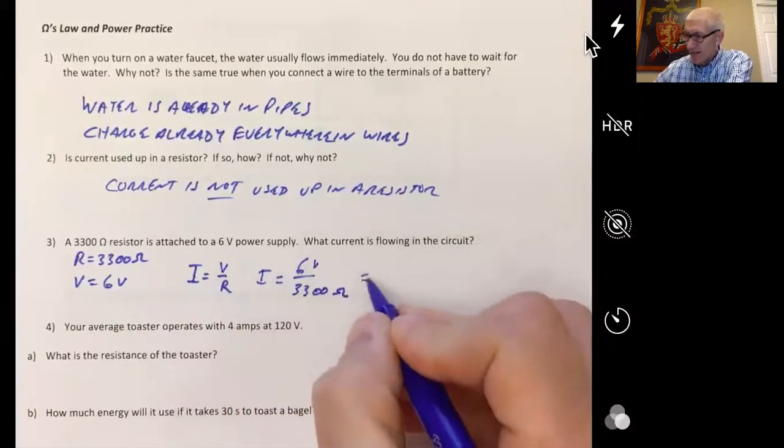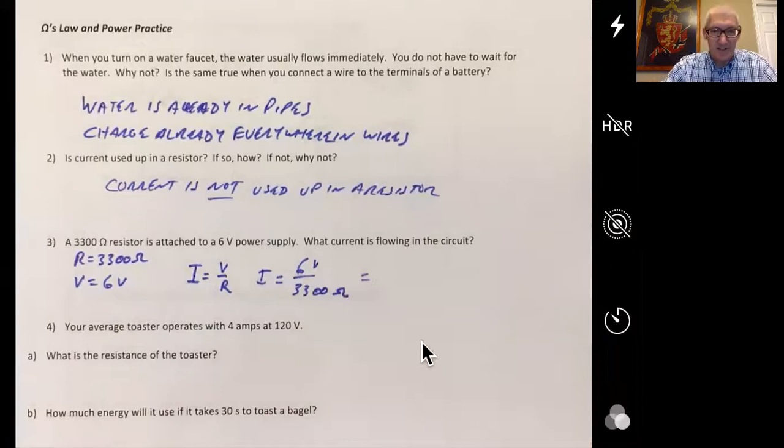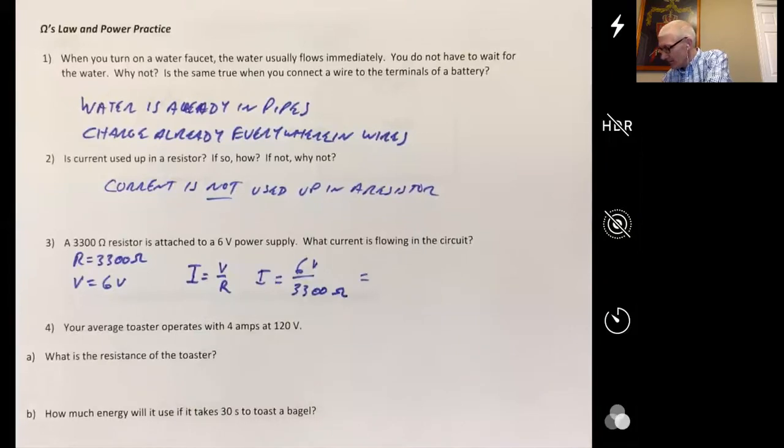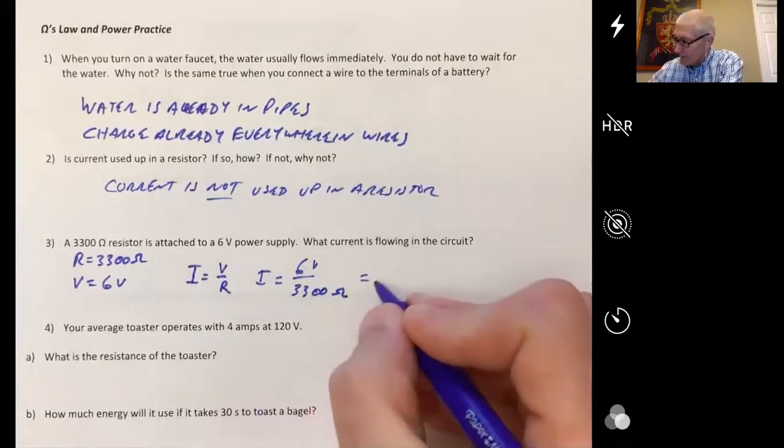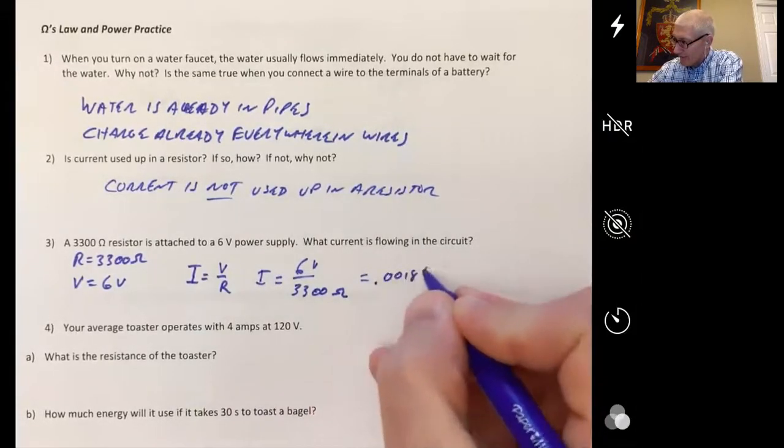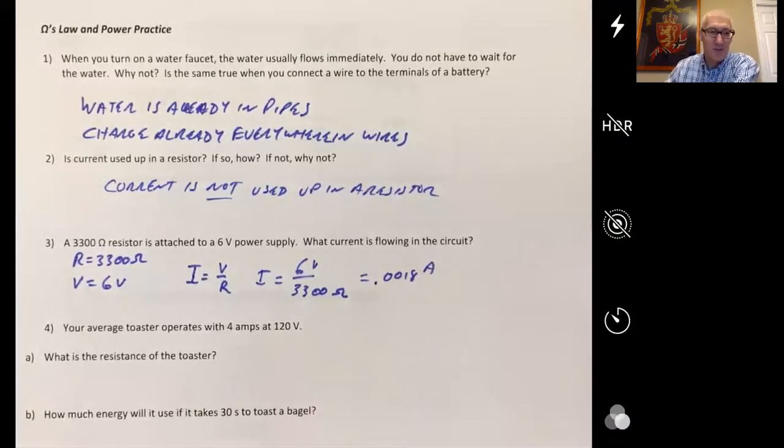I have to get out my handy dandy calculator for that, which is a pretty small number. 6 divided by 3,300 gets me something on the order of 0.0018. Yep, 0.0018 looks like a good answer, and it's current, so it's measured in amps.